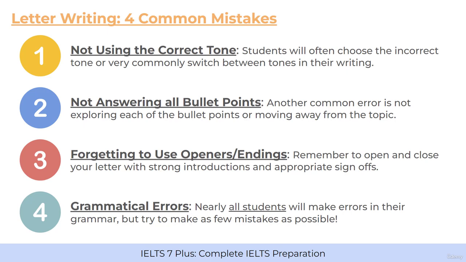So focusing on being accurate with our grammatical language, our grammatical structures, is really important. But nearly all students are going to make errors in their grammar. There's probably only a couple of handfuls, maybe, of letters or Task 1 reports or essays for Task 2 that I've read where I wouldn't change anything.